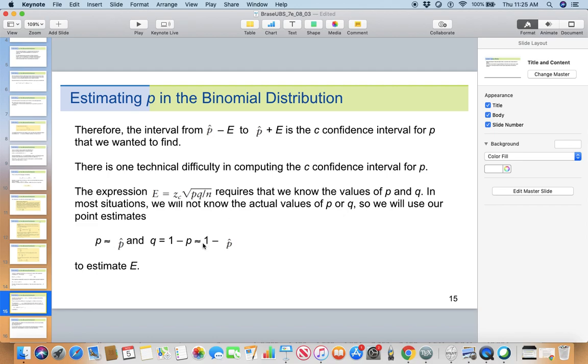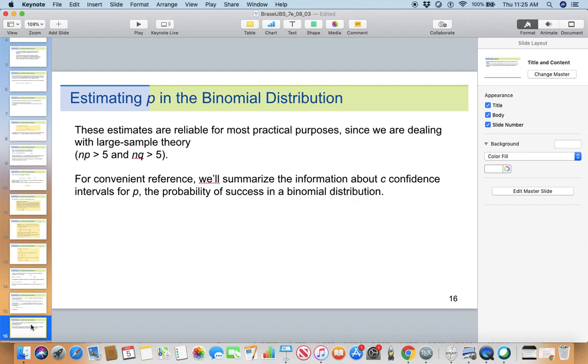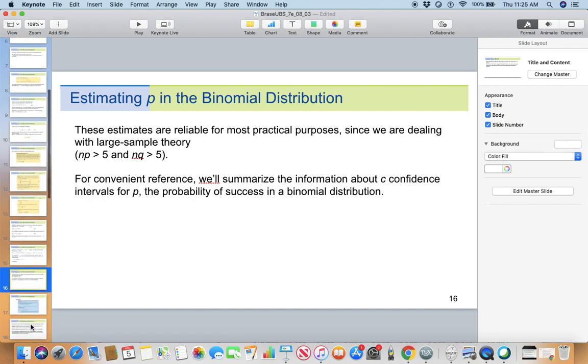Q hat is 1 minus P hat. That's how we estimate E. These estimates are reliable for most practical purposes since we are dealing with large sample theory. Large sample is n times P greater than 5 and n times Q greater than 5.